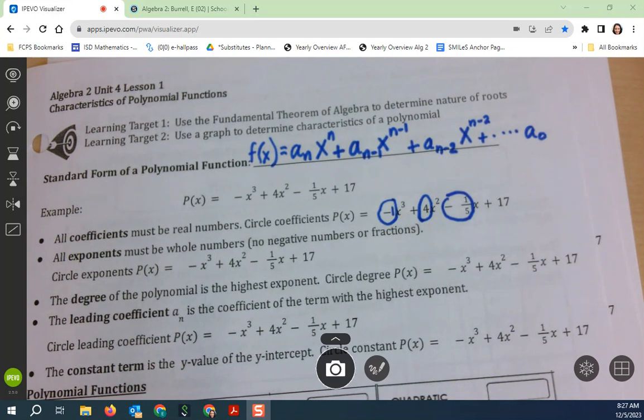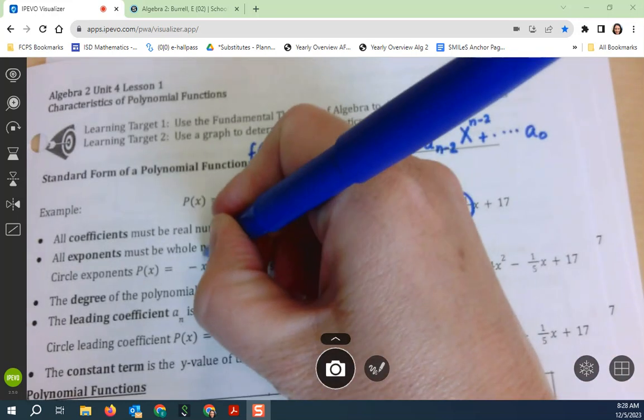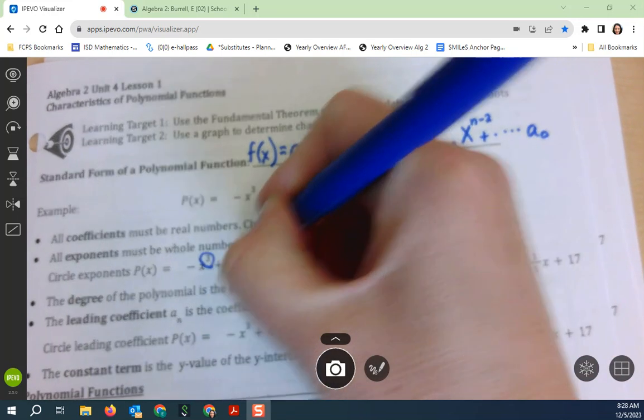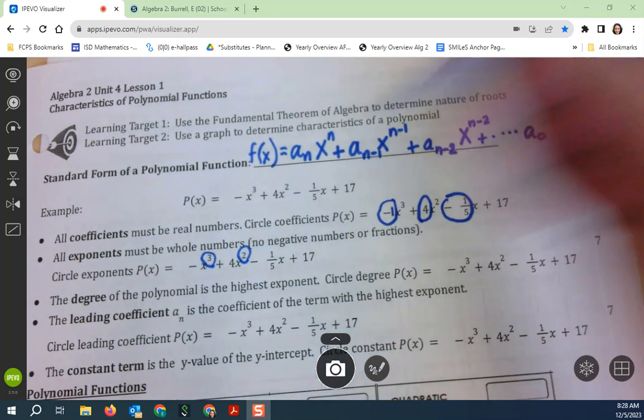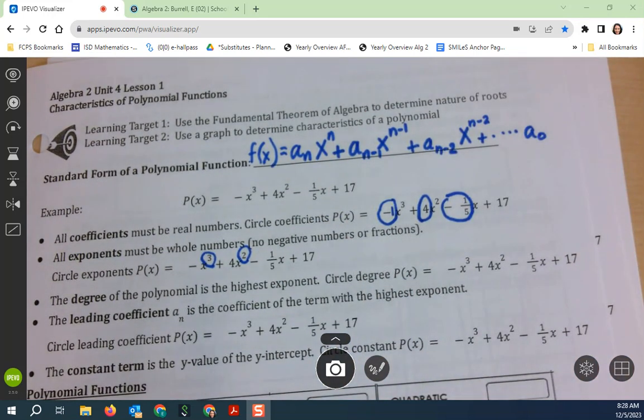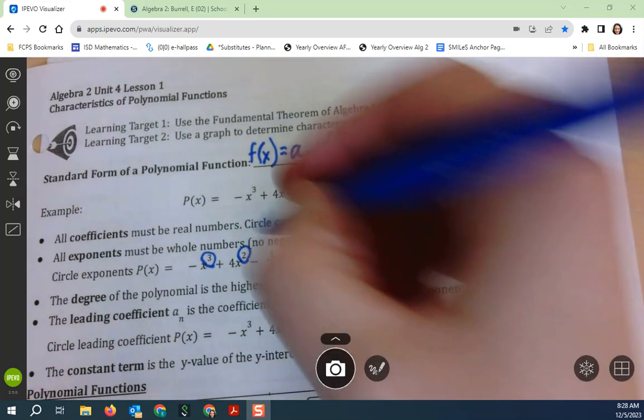All right, the exponents must be whole numbers or else it's just not a polynomial. So checking our exponents, they're all whole numbers. And we have exponents of 3, of 2, and this one, if it doesn't have an exponent, it would be to what power? 1, good.